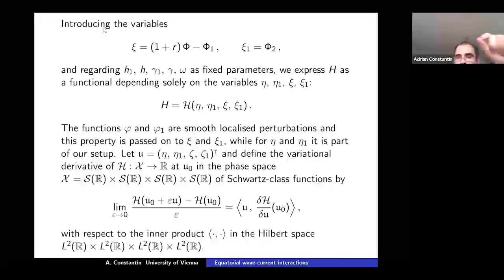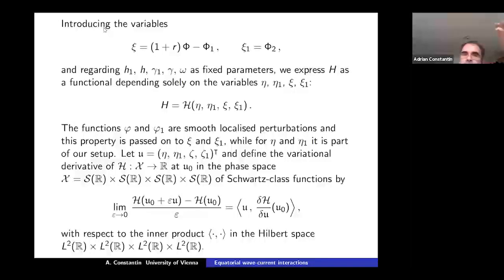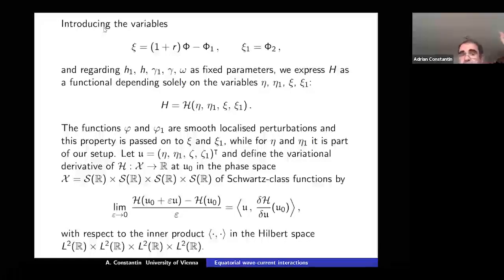So the Hamiltonian is this sum of kinetic and potential energy that come purely from the waves. And the variables are eta, eta1. Eta and eta1 are the waves. So eta is the oscillation of the thermocline. Eta1 is the oscillation of the free surface. And then you have two other variables, psi and psi1.